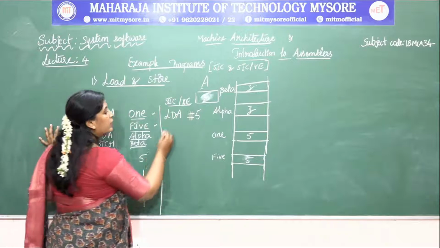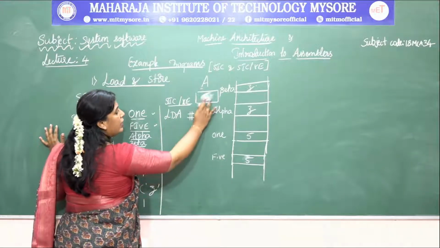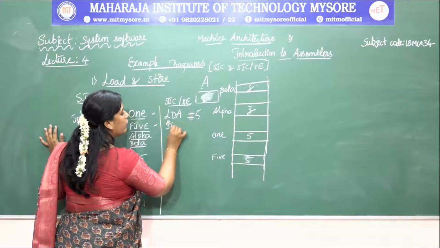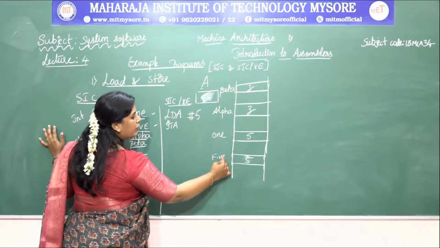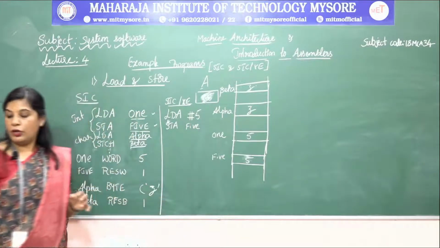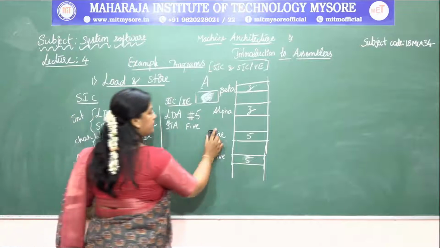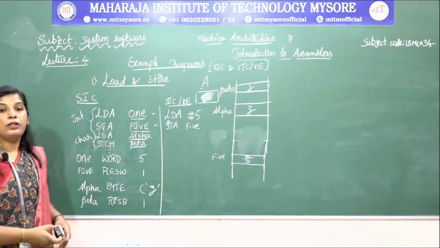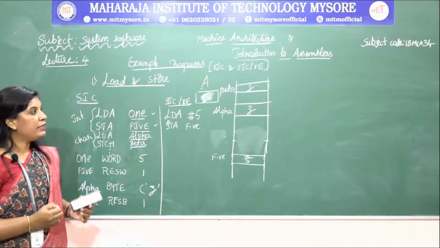Now the accumulator has the value 5, and I store the accumulator value to the target. In SIC/XE there is no need to define this, because I directly store the immediate value.